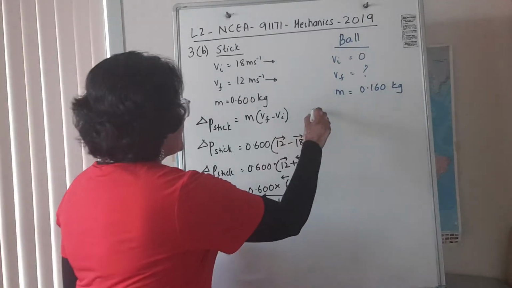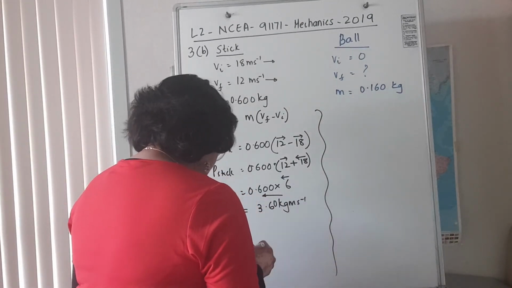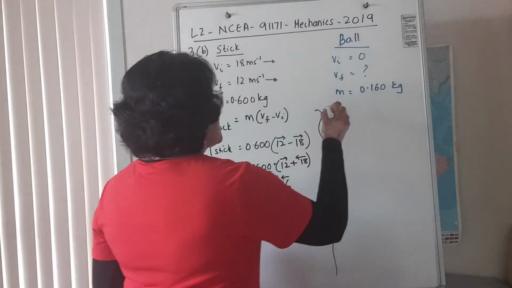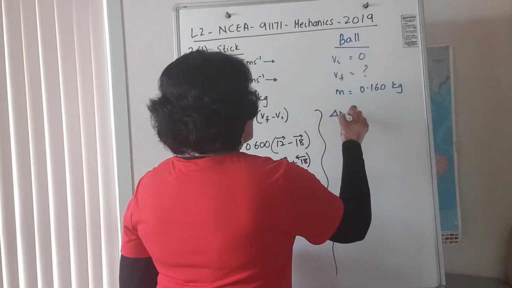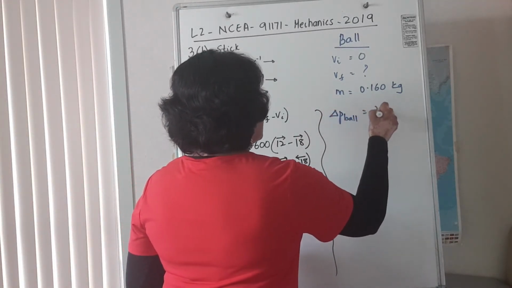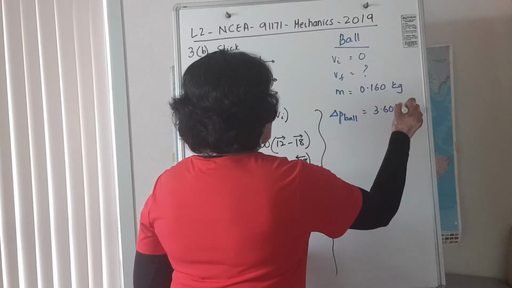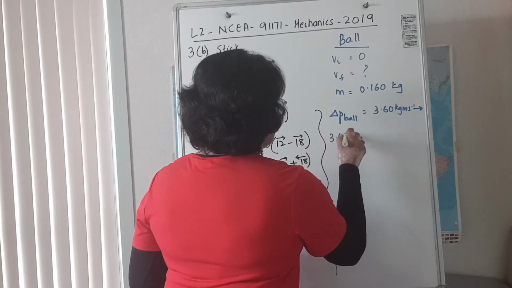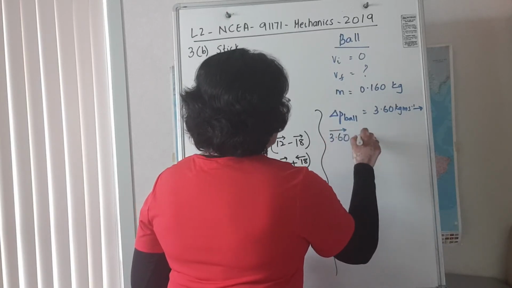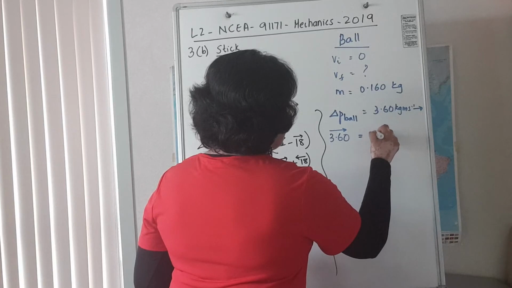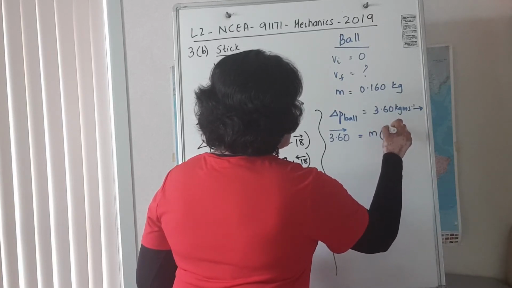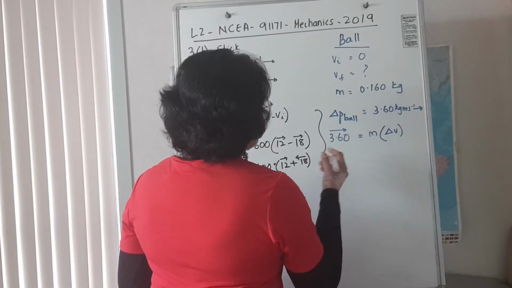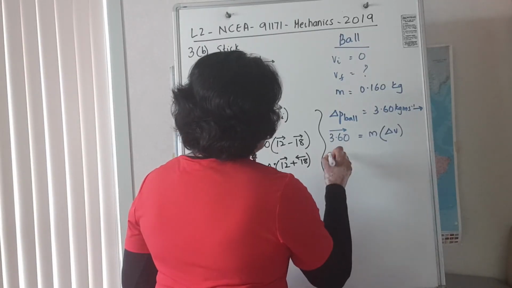Now let's look for the change in momentum of the ball. It is going to be exactly the same but in the opposite direction. So the change in momentum of the ball will also be 3.60 kilogram meters per second this way. So 3.60 that way is equal to the mass of the ball times the change in velocity of the ball. Since the initial velocity was 0, the change in velocity is the final velocity.